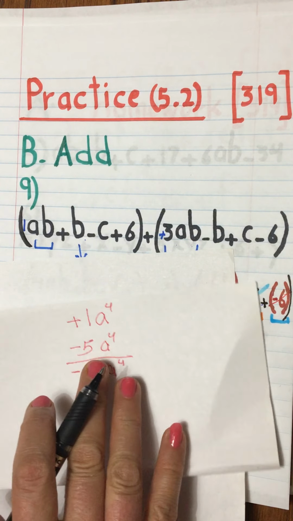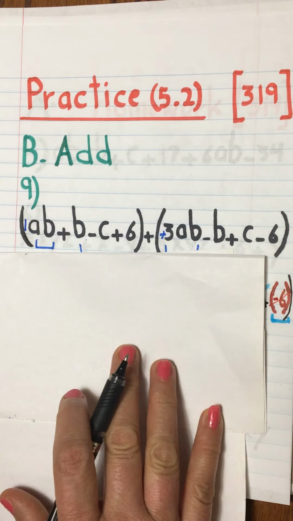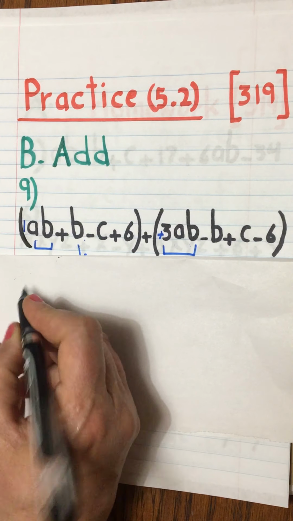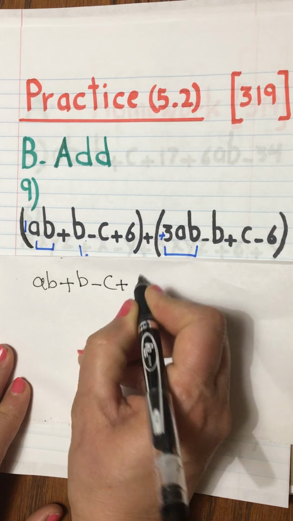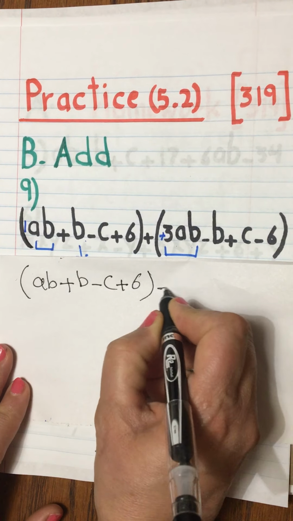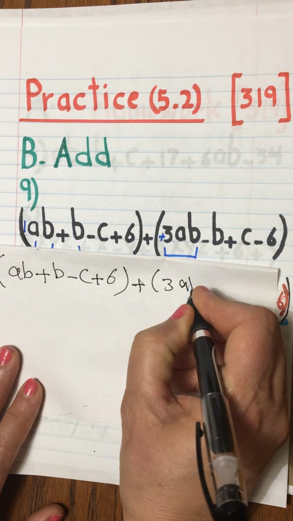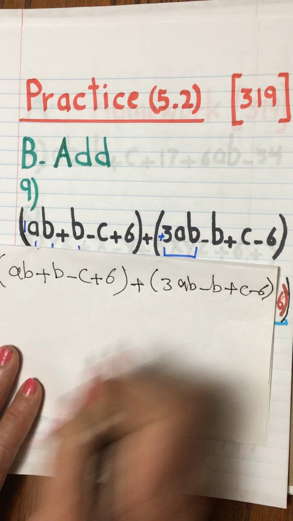And for this way, I'm going to do it so I have AB plus B minus C plus 6 in parentheses, plus 3AB minus B plus C minus 6.